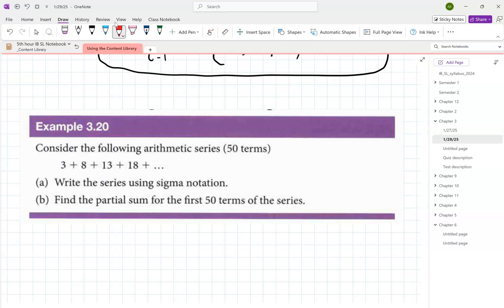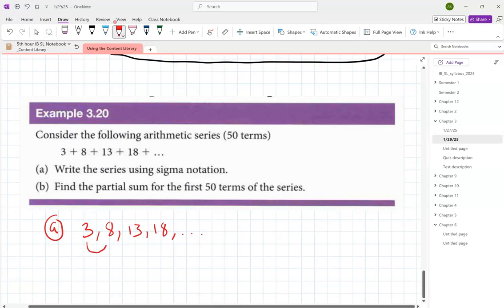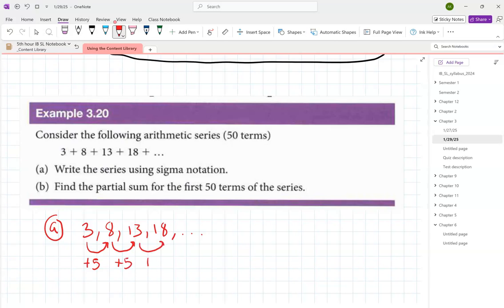It says to begin by writing the series using sigma notation. So the first thing I'm going to do is consider the sequence. I can see that it's arithmetic because I just add 5 each time. So I know the d for this is 5.